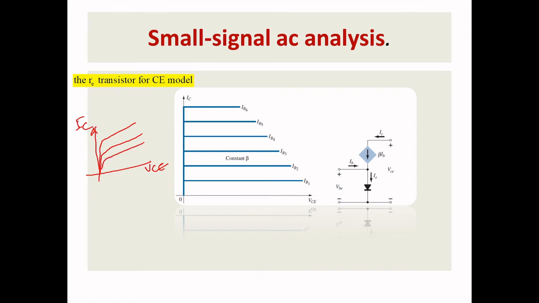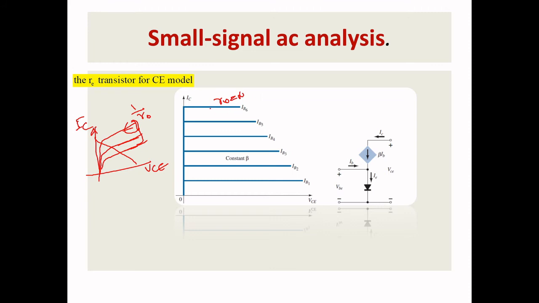You will have some slope. This slope generally refers to the resistance, right? It will be representing the resistance. But here they approximately take the output resistance, that is ro, as infinite. Okay, that is one part you want to understand.